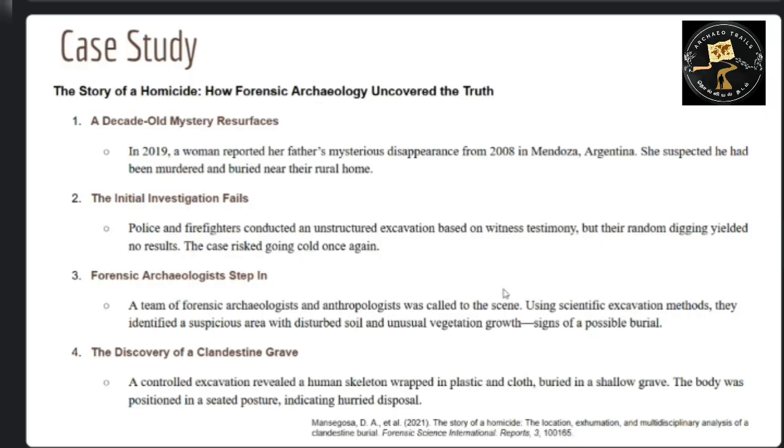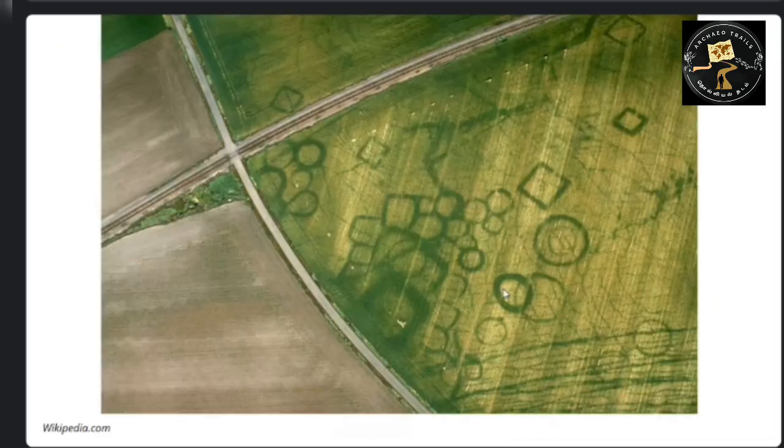So what we do will be trying a hurried disposable manner in such a way. Someone dug a shallow grave and put the body in a seated position, so that the body will be fitting in the small hole itself. And with that, your cognitive and psychology thing is used to identify that it is a hurried disposal.